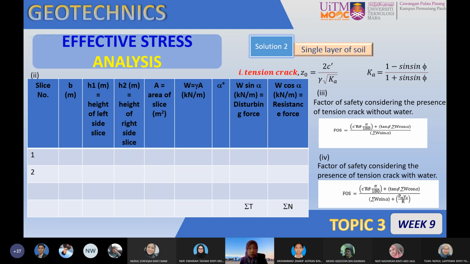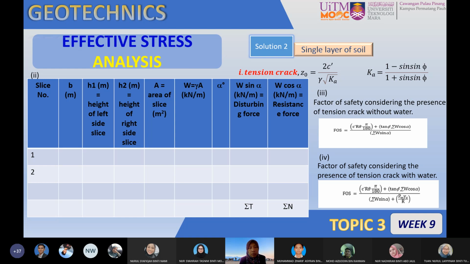For example, here we have the slice number, the width of each slice, H1, H2, the area of the slice, the unit weight, the volume, the W of the slice, and then the alpha, and the T component and normal force: shear force as T, normal as N.